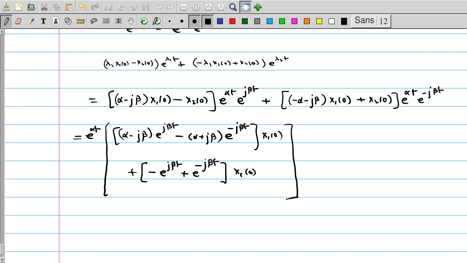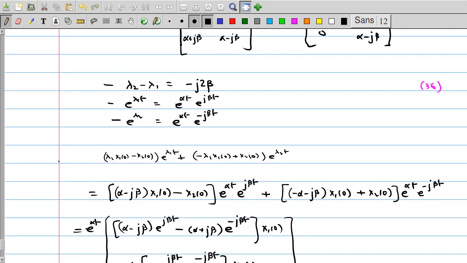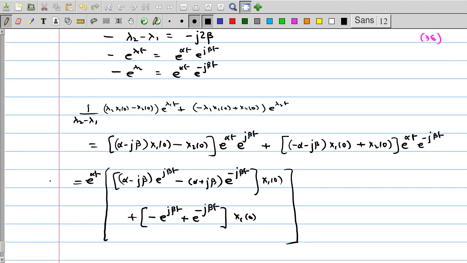So now what I'm going to do is I'm just going to say 1 over lambda 2 minus lambda 1 of this equals 1 over lambda 2 minus lambda 1 of this whole thing.